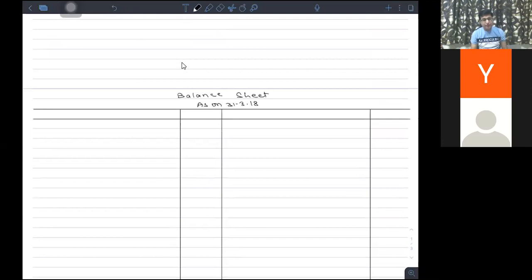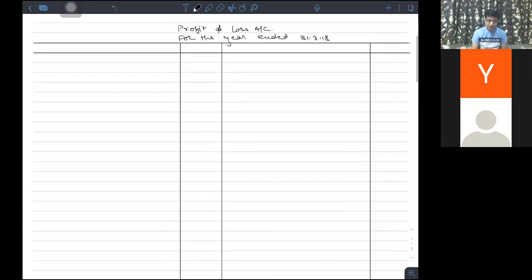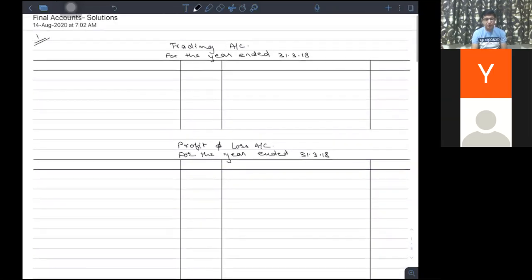I said first we have to deal with the adjustment. The only adjustment which is given in this question is related to closing stock. The closing stock valued at 13,500. So how will I present it? Observe it. Closing stock का adjusting entry हमने पास किया था. Closing stock account debit to trading account. That means it will have one effect in your trading account credit side and second effect in your balance sheet asset side.